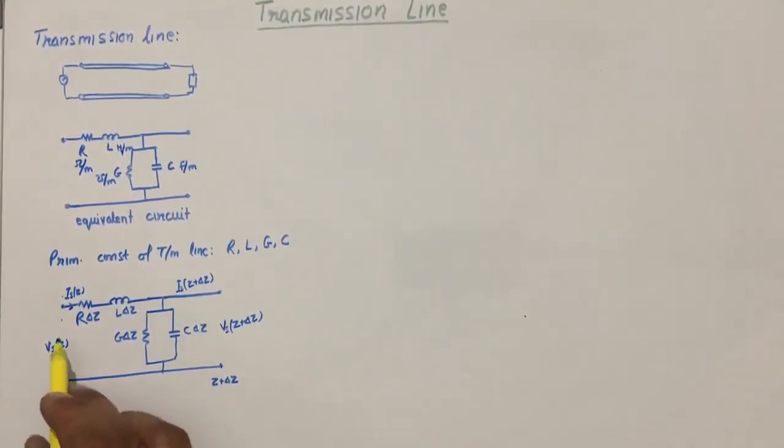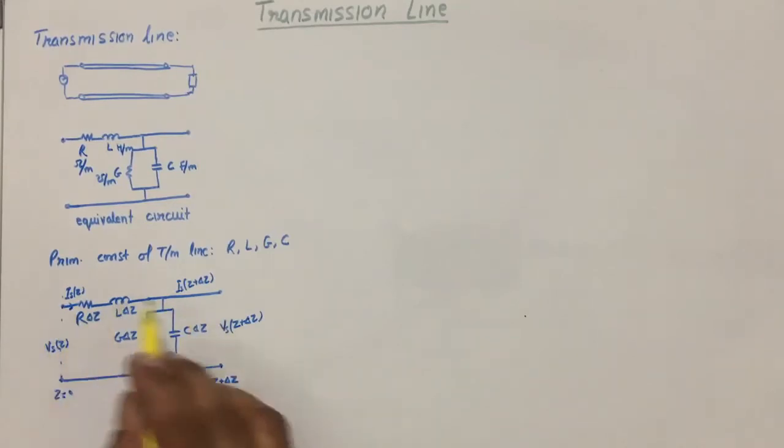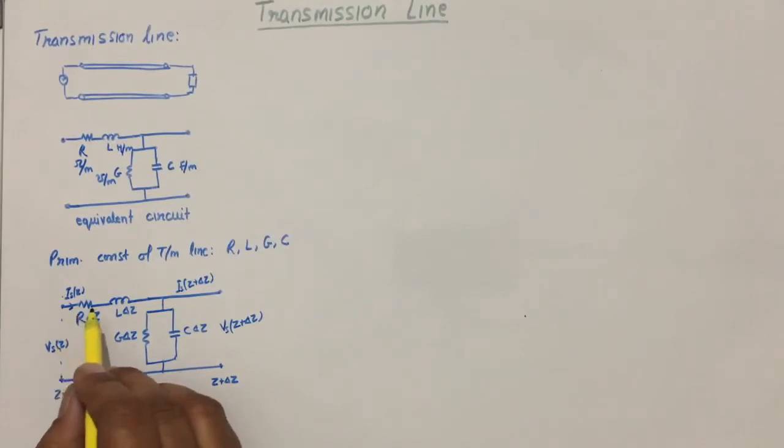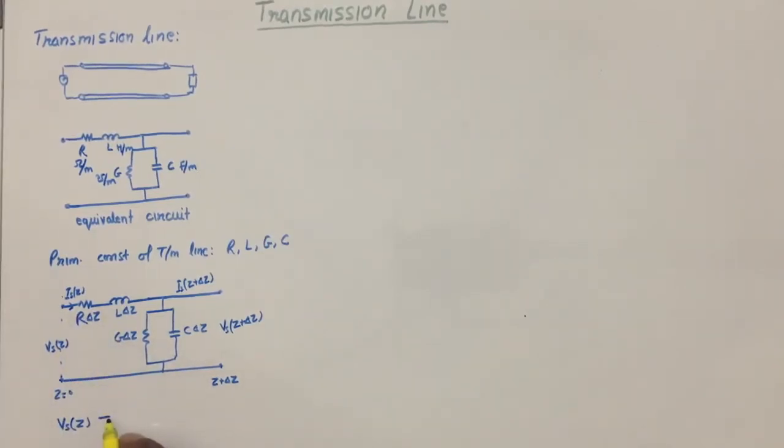Now apply the KVL in the outer loop to derive the voltage and current wave equations. So for voltage wave equations, let us apply the KVL at the outer loop. So we can have Vs(z). If we are considering from minus to plus positive, then from positive to negative it is considered as minus.